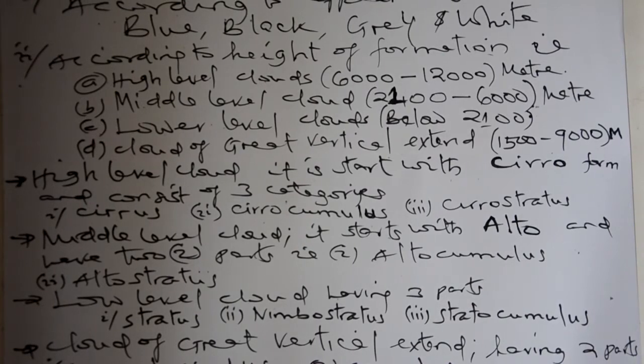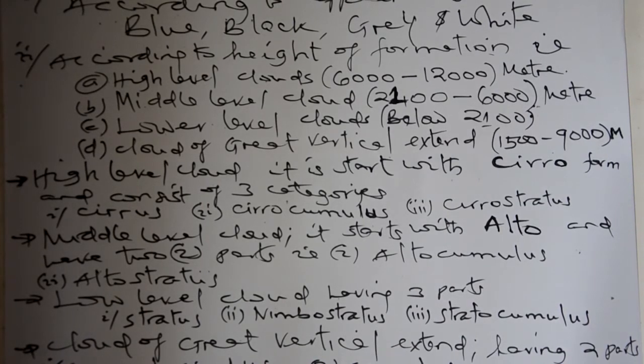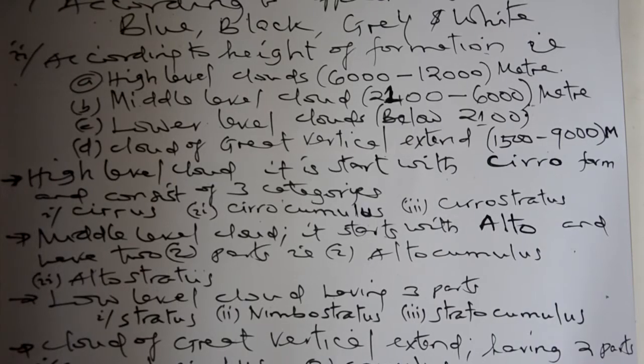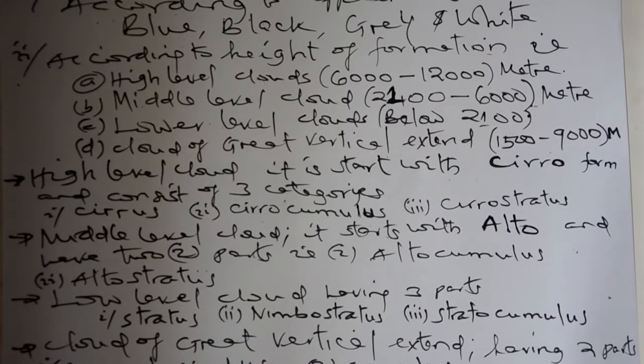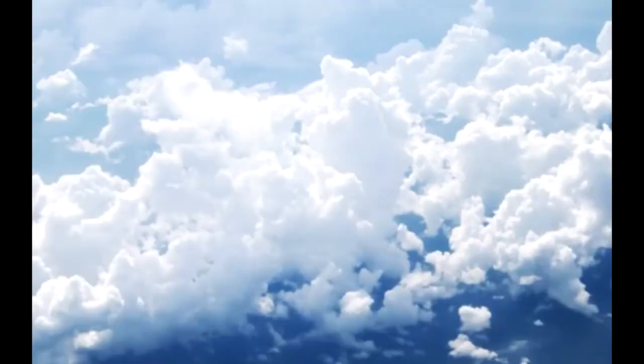Cirrus is feathery and whitish in nature. Feathery is like the feathers of animals, whitish in nature, like white or like ash, a mixture of white and dark, feathery in nature. But cirrocumulus, which takes place at high level, starting at 9 up to 12 kilometers above sea level, is white in nature.